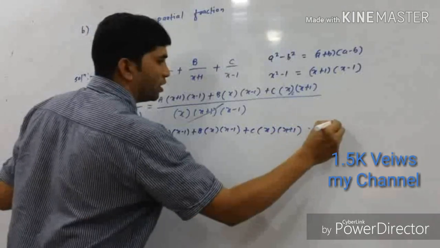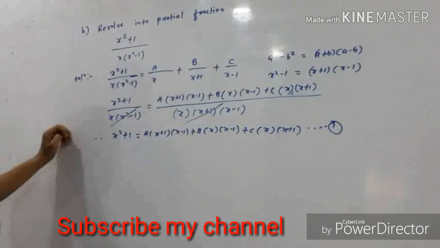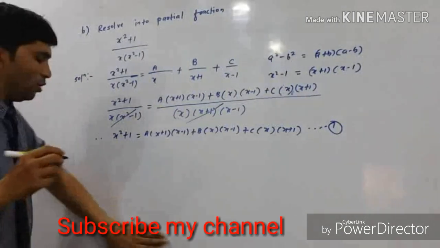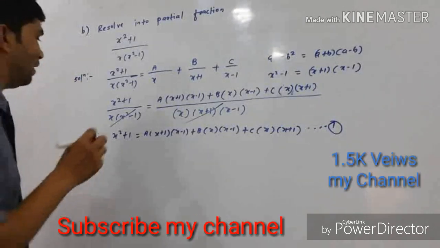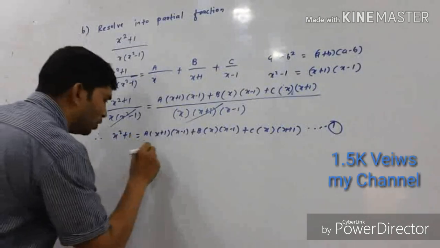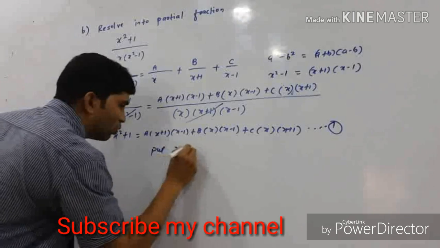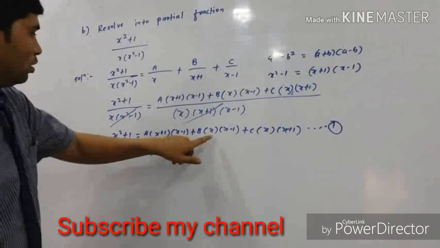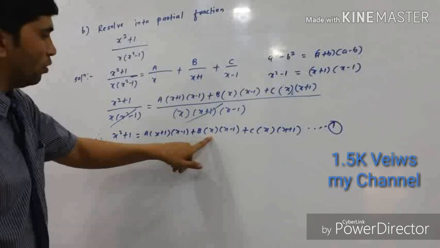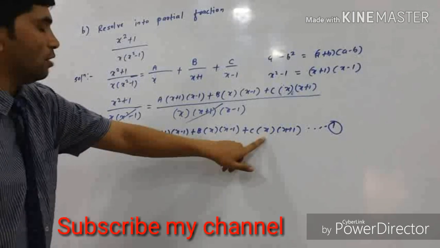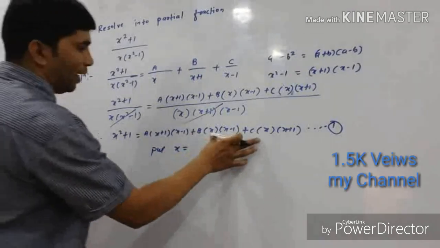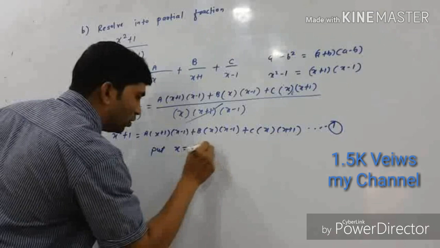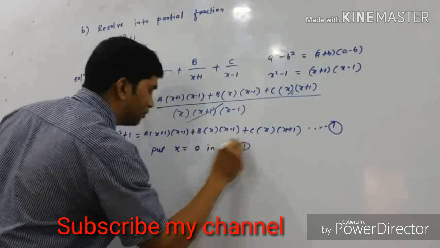So we put equation 1 here. After getting equation 1, we have to put values of x, so we can find A, B, C. So first of all put x is equal to 0, and here also x is equal to 0. So we get B and C is omitted. So put x is equal to 0 in equation 1.